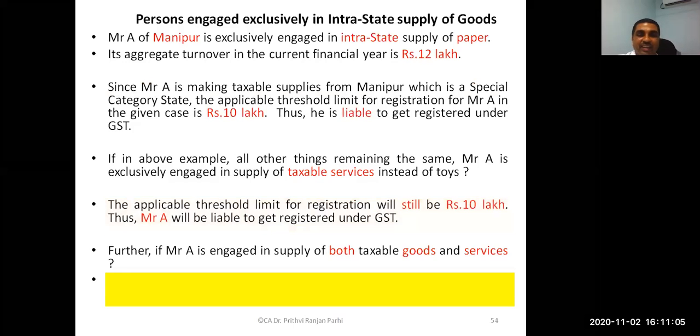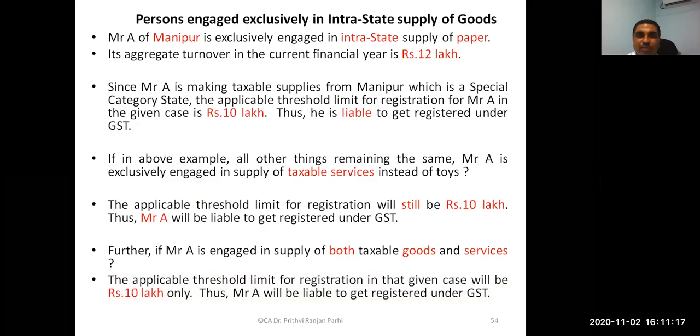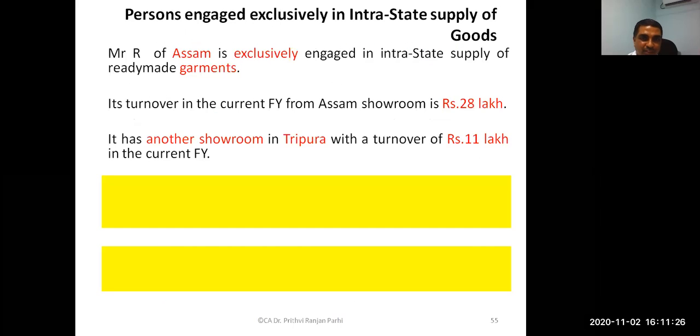Next, if he is engaged both in goods as well as services, is he still liable? Yes, sir. In all three situations the limit is 10 lakh, because Manipur is a special category state, for goods as well as services, as well as both.